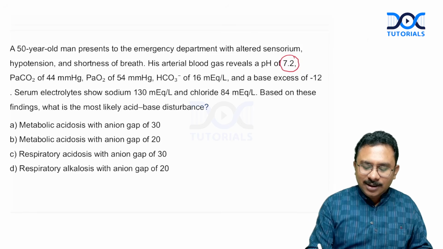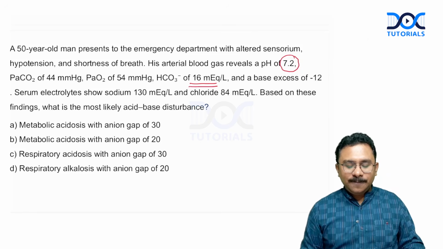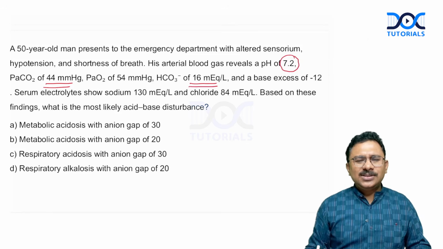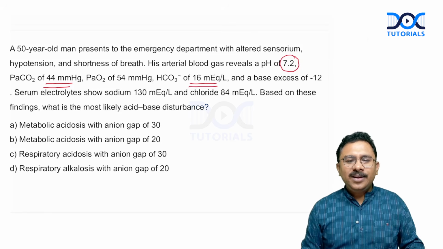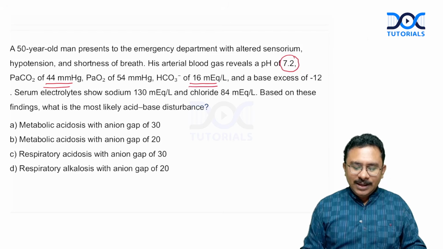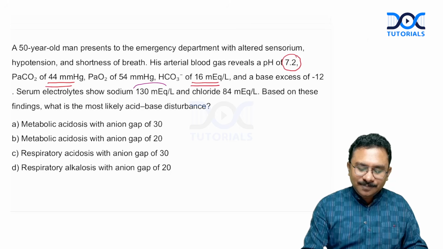You can see that there is a significantly reduced level of bicarbonate. Okay, PaCO2 is only mildly increased. So it is not going to be a respiratory acidosis. So it is going to be a metabolic acidosis here. And they are asking about the anion gap as well. So sodium is 130 and the chloride is 84.